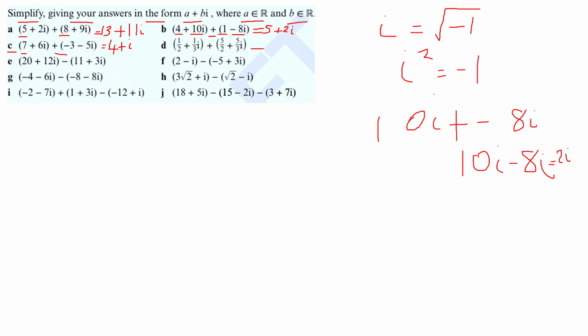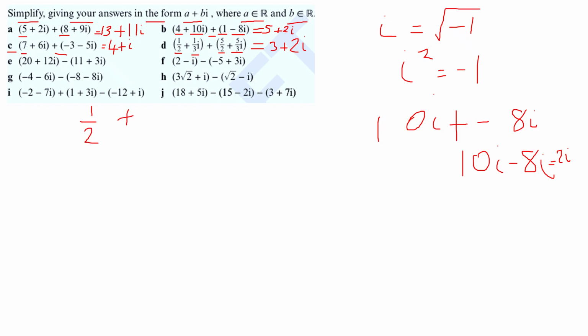Next up, again adding the real parts together, so a half plus a third i, plus 5 halves plus 5 thirds i. A half plus 5 halves makes 6 halves, but 6 halves means 6 divided by 2, which is just 3. Then I've got a third i plus another 5 thirds i, that makes positive 6 thirds i, which is just 2i. Remember, when we're adding fractions, we must have a common denominator.